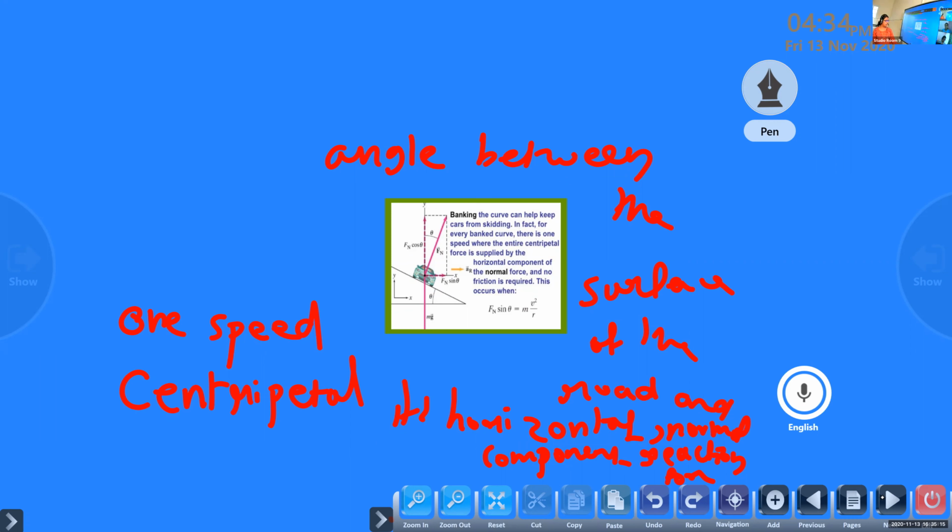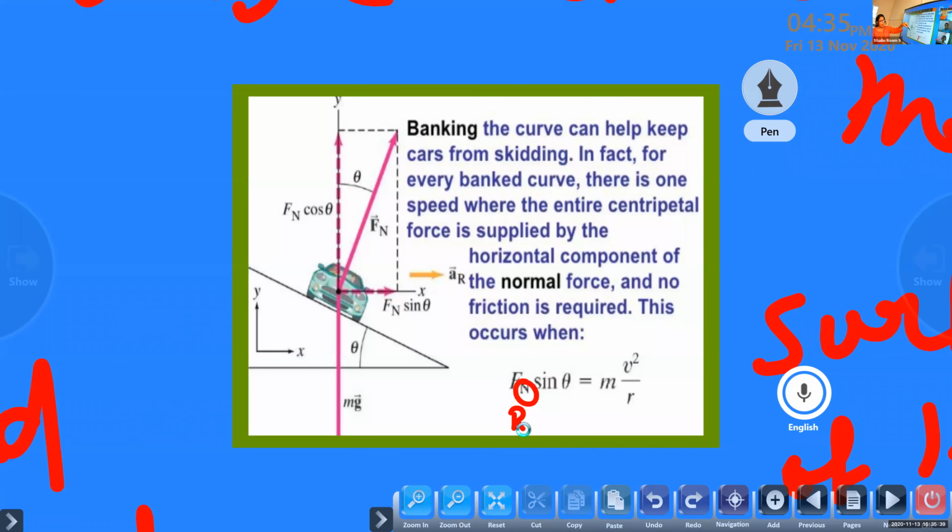The diagram here shows how we resolve the components. In this case, N is representing the normal reaction force. That is why I told you we can use N instead of R also. If you look here, this is a car moving on a curve.